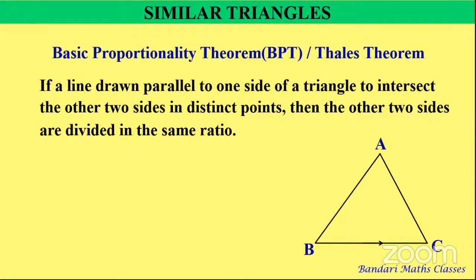We draw a line parallel to BC to meet AB and AC in 2 distinct points like D and E. The line DE is parallel to BC and meets AB and AC in 2 distinct points D and E. Then the points D and E divide AB and AC in the same ratio. So whenever we are going to prove the theorem, we have 3 parts.